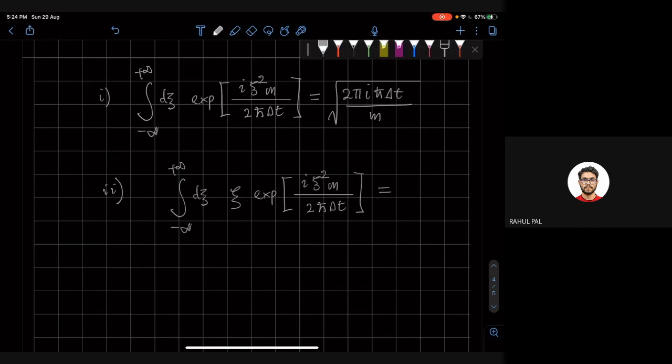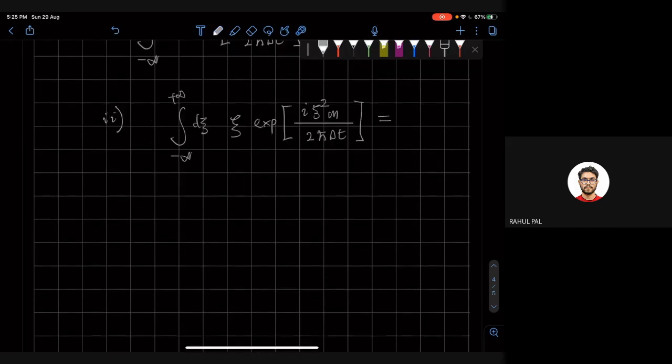Odd function. Right. The integrand is an odd function, and the limits of the integration are symmetric around 0, right? So, for example, what is this guy going to look like? It's going to be a Gaussian multiplied by a linear term, right? So this thing will look something like this.